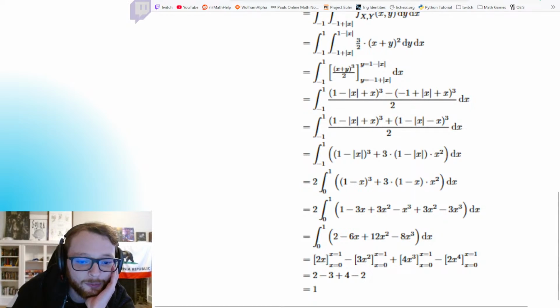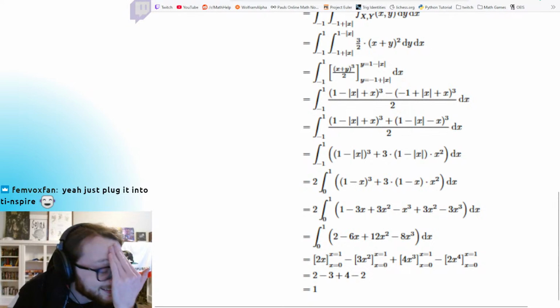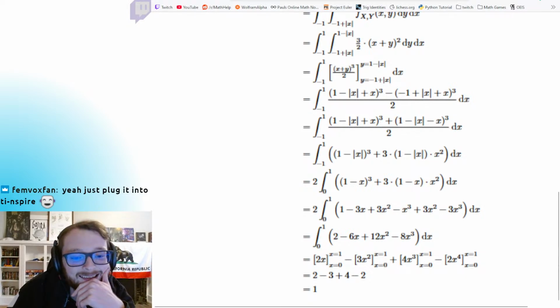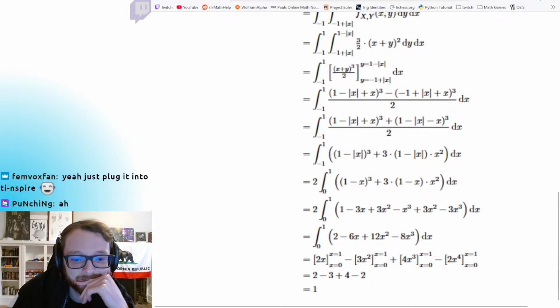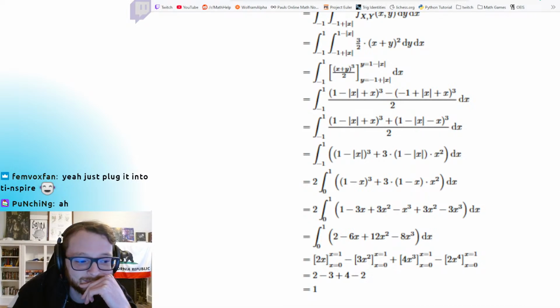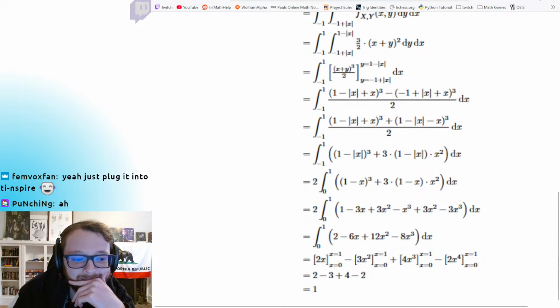Oh, I see how they get rid of the absolute value. They take the integral. Oh my god. They changed the lower bound to 0 and multiply by 2. According to the TI Inspire, yeah.